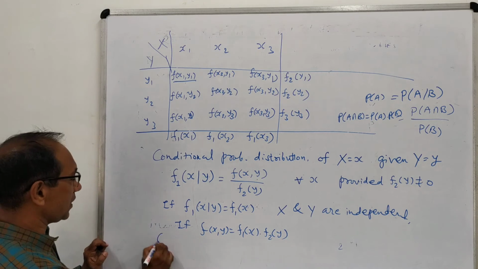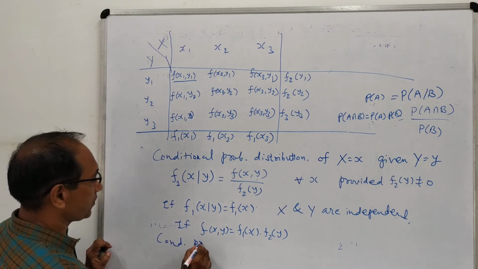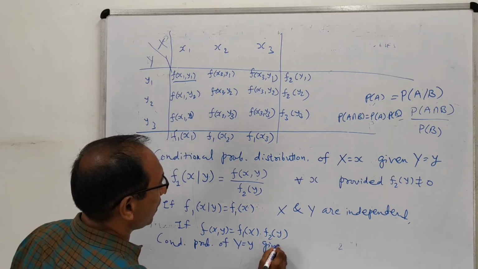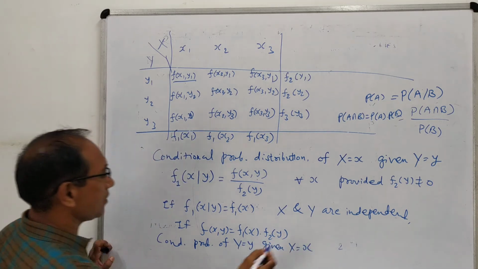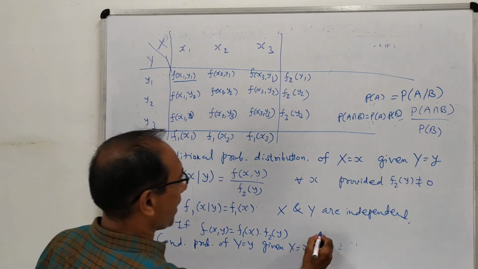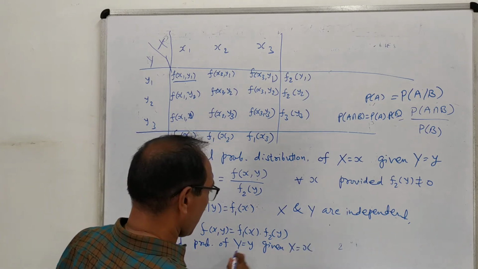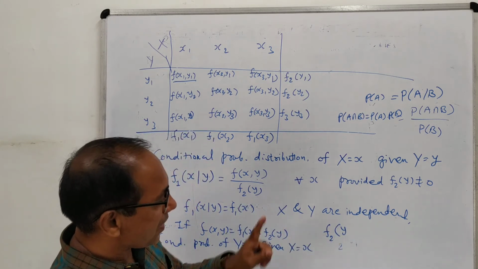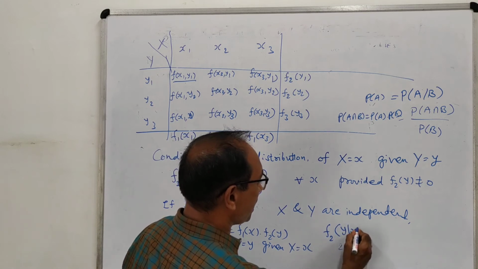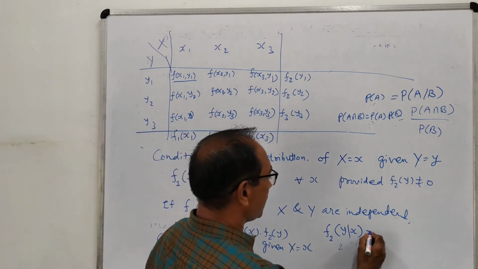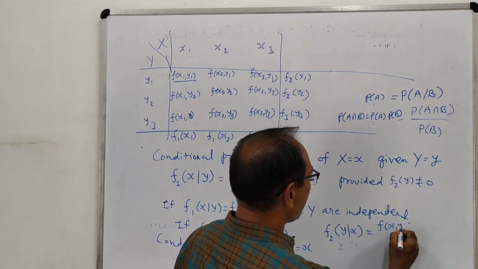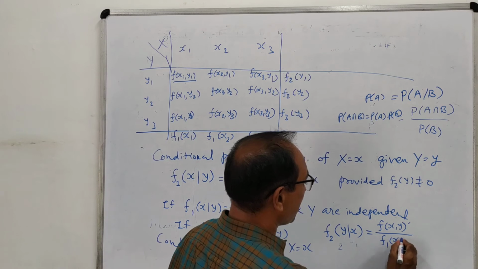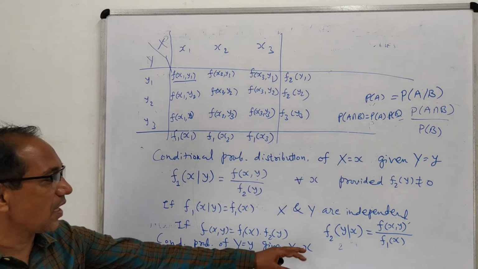Similarly, we can find out the conditional probability of Y equal to y given X equal to x. So here x will be given to us, and we want to find out the conditional probability of y given x. This is defined as f of xy divided by probability of x, and this probability of x we are denoting by f1 x.